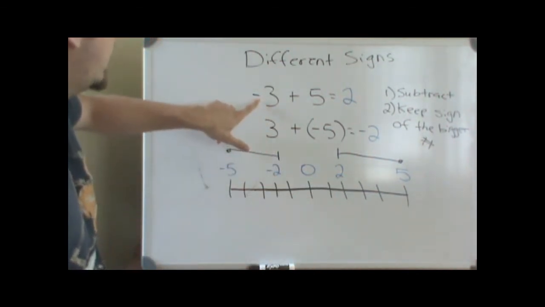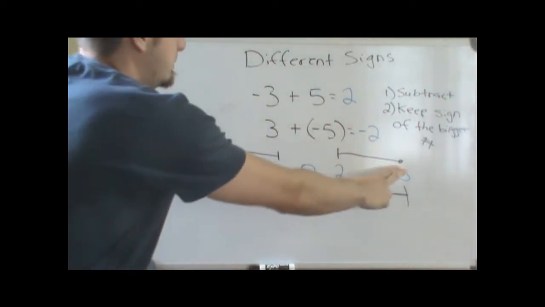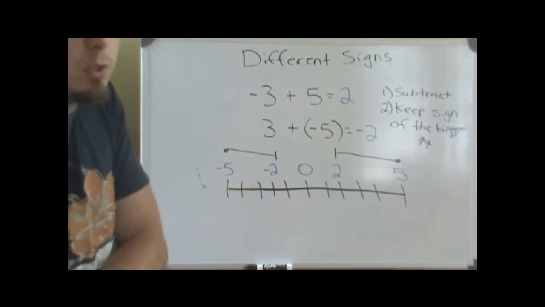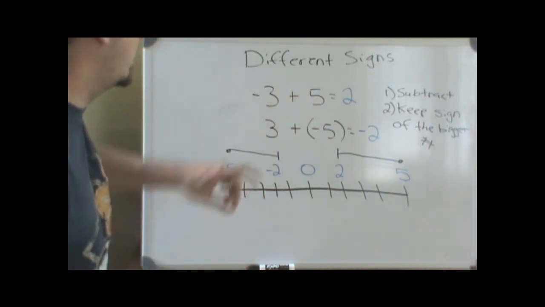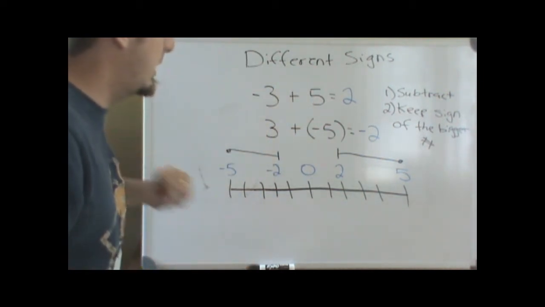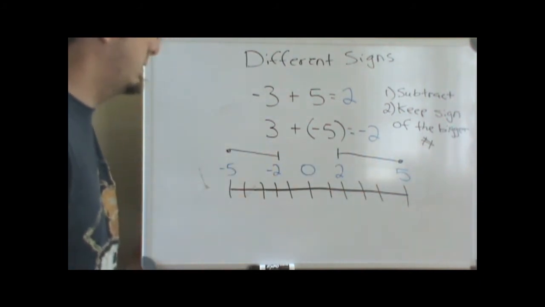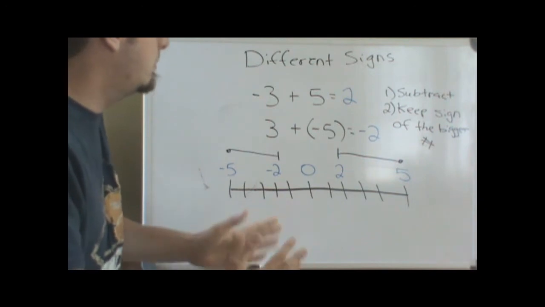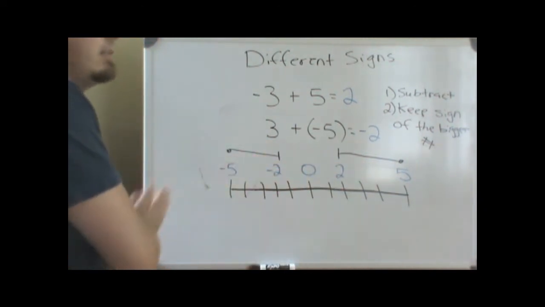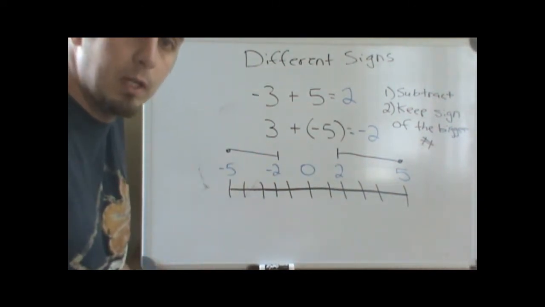It's the same thing with the problem up here. The 5 was the bigger number. It was a number further from 0, we should say, to be more accurate. The 5 was further from 0, so the -3 could never get back to the negative side. Because in order to get back to the negative side, that -3 would have to move at least 5 spaces, but it can only move 3.